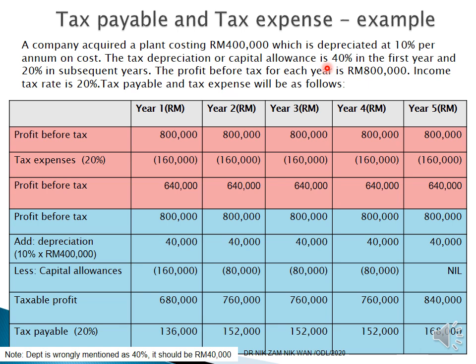160,000. However, according to tax rule, tax depreciation or capital allowance is already stated at 40% in the first year and 20% in the subsequent years. So according to tax rule, they already give a standard percentage to substitute the depreciation amount. So the adjustment that you need to do is, because previously in finding the profit before tax we already deducted depreciation of 10%, for the adjustment, since it has been deducted, you have to add back 40,000.